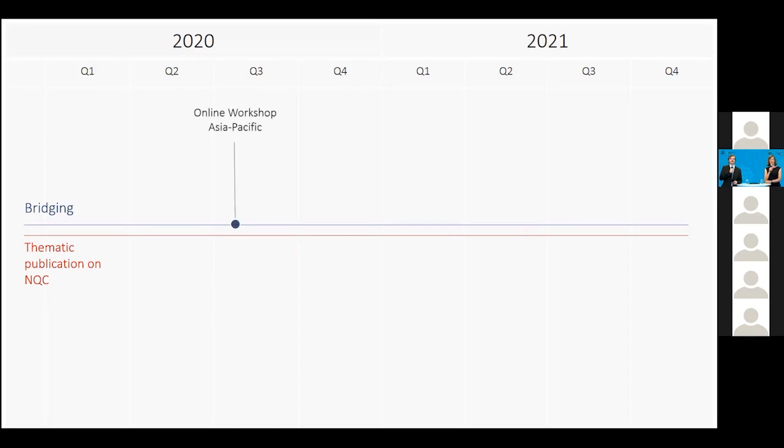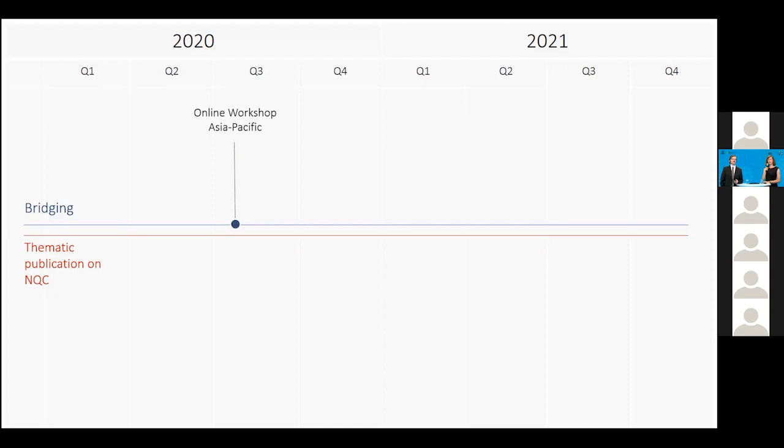Now let us have a closer look at this blue line, at the bridging line of work of the BILT project. What events will take place as part of this bridging line? We had a very similar workshop to the workshop we are holding right now with UNEVOC Centers and other TVET stakeholders from Asia and the Pacific in July 2020.